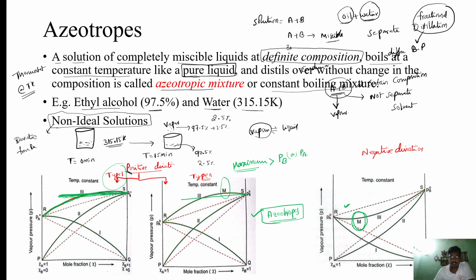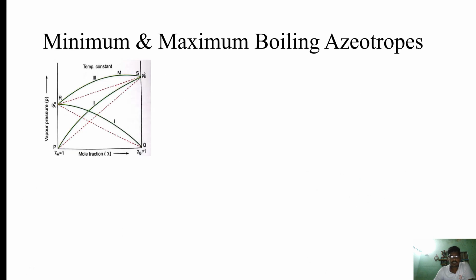Now let us study more into it. Here we'll be studying minimum and maximum boiling point, and this is type 2. Till now we have studied type 2 of positive deviation, where a maximum is observed.